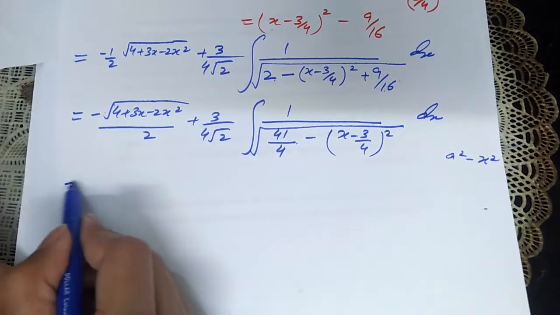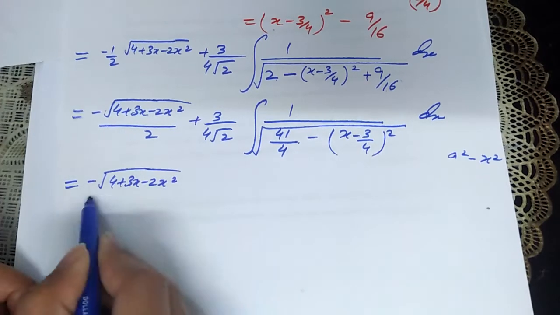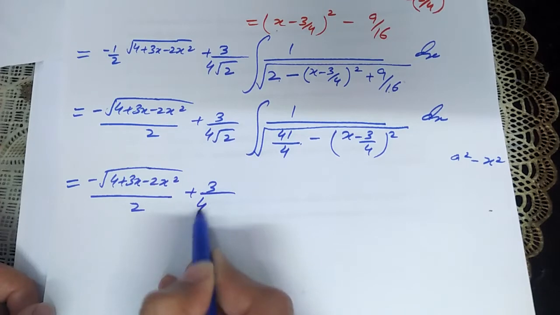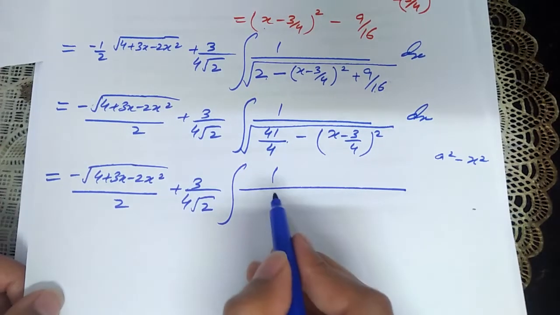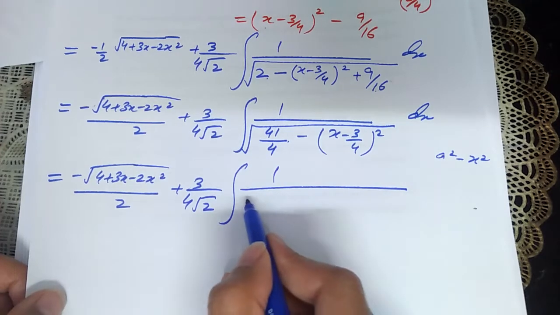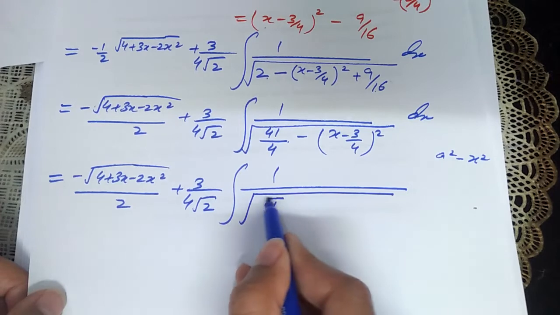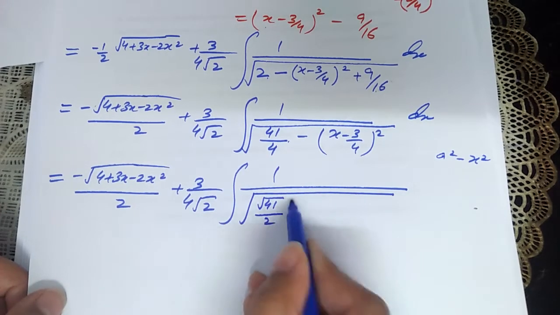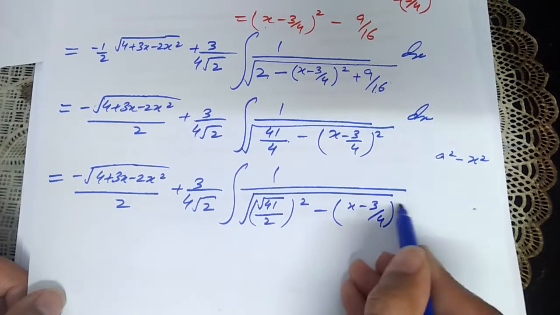So it will become negative 4 plus 3x minus 2x square divided by 2 plus 3 over 4 under root 2 integration 1 over main under root sign. Main under root sign is your this one, and this thing can be written as under root 41 over 2 whole square minus this square term x minus 3 by 4 whole square.